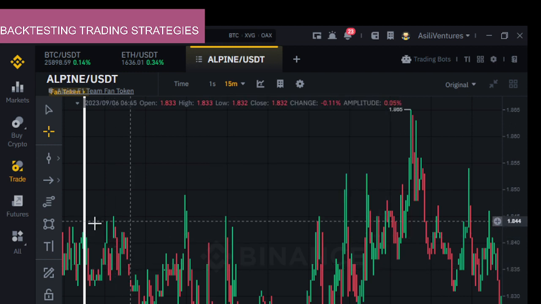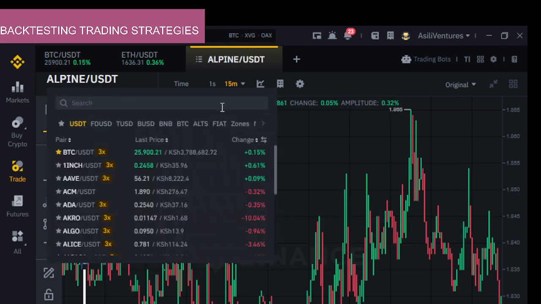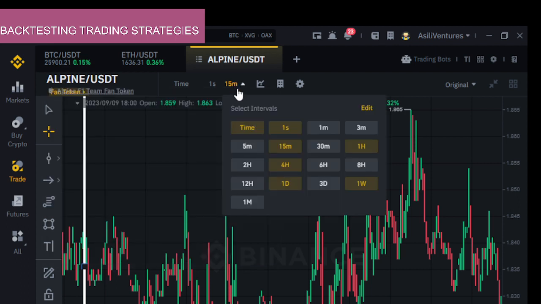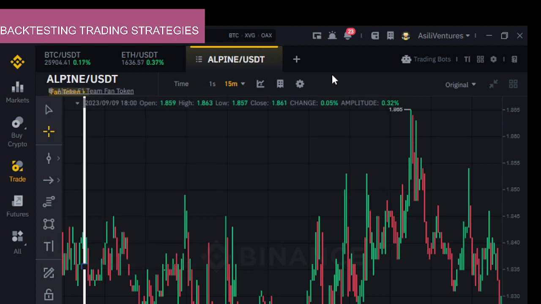Obviously all these parameters, the coin pair and the 15 minutes trading time interval, you selected when you're selecting the particular data that you're working with, which is the first step from the application.